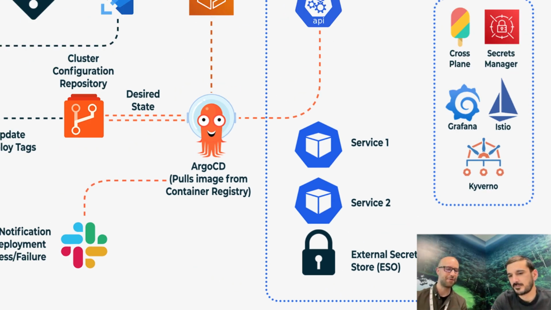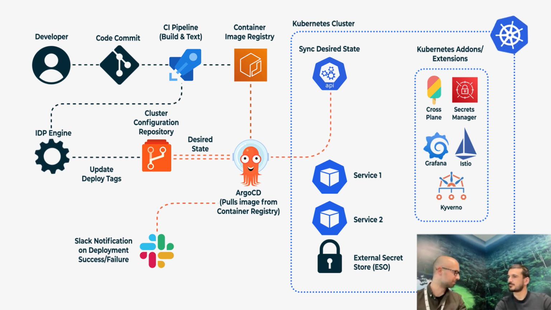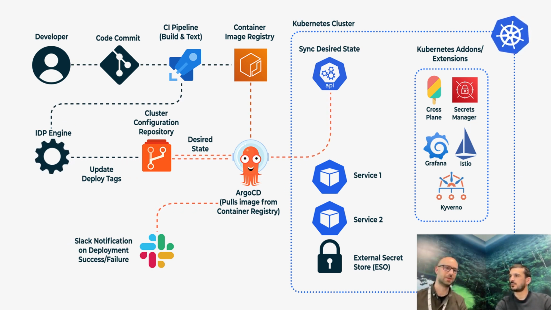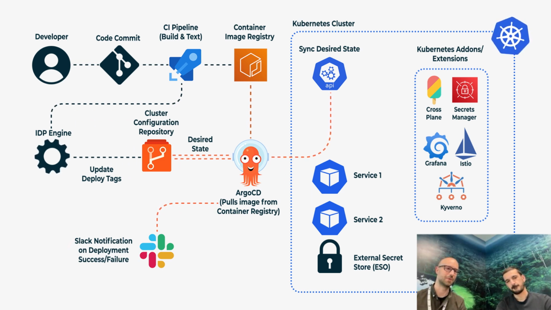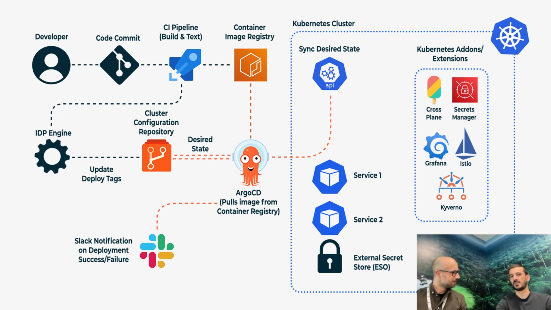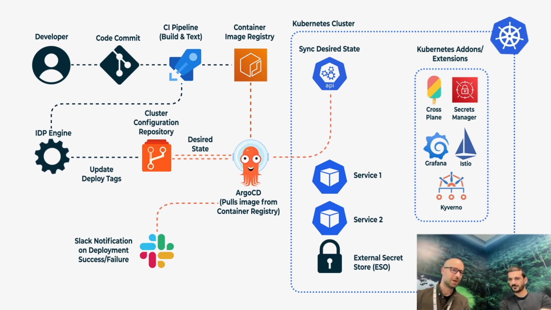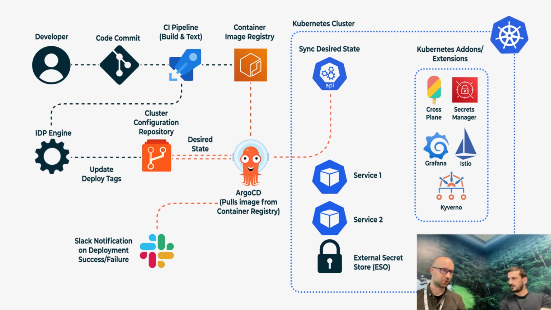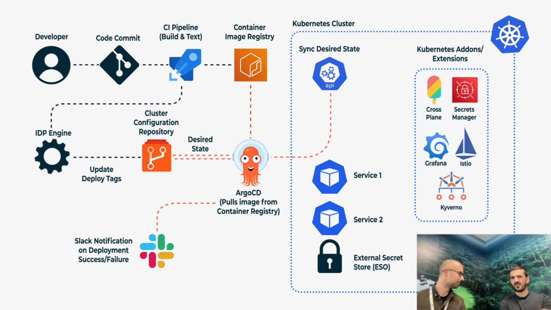How flexible is this architecture, would you say? Because you mentioned a bunch of other tools that potentially could replace some of these tools here. For example, if I didn't want to use Argo CD, is it relatively straightforward to use a different tool? Oh yeah, very easy.